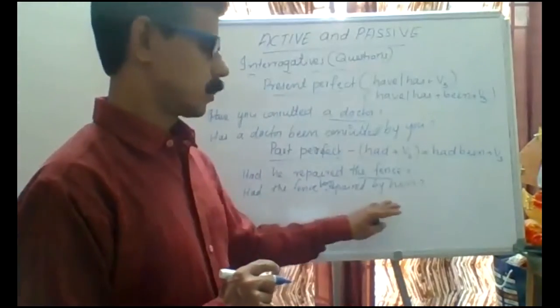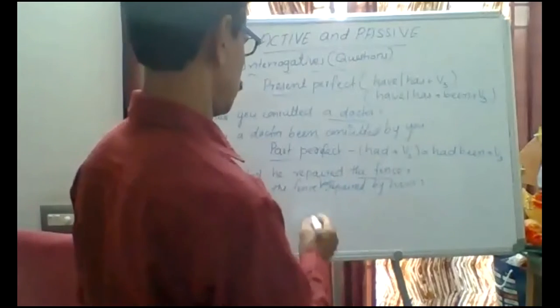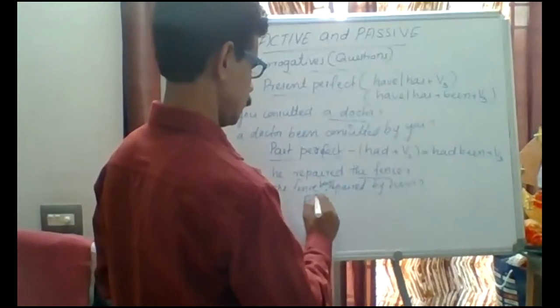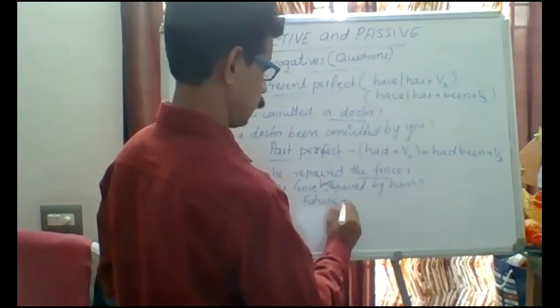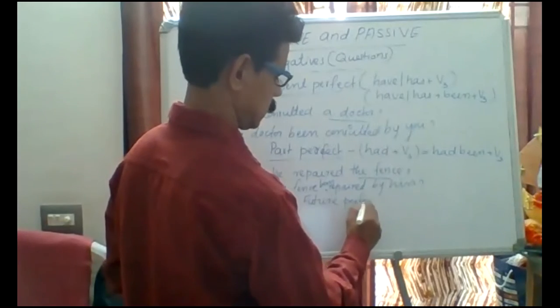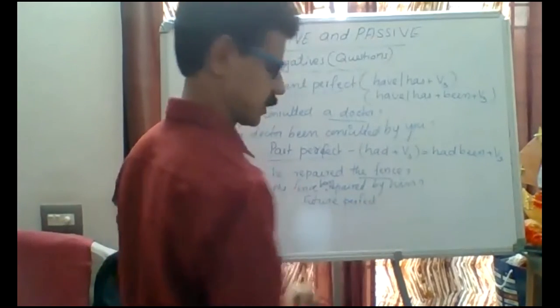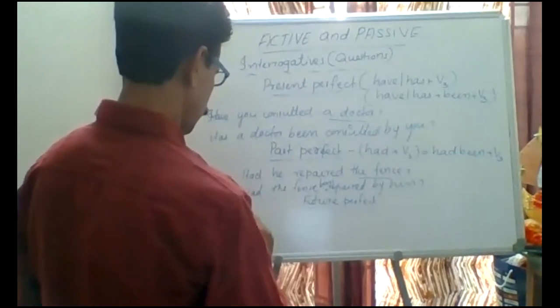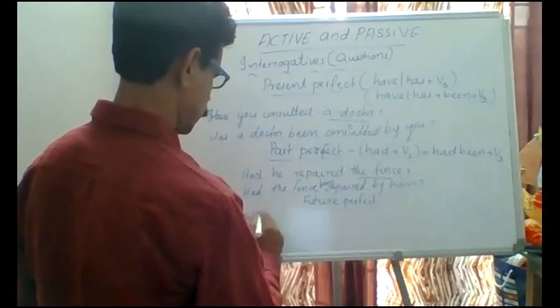Okay, you understood. In future, future perfect is the final one in interrogatives. Will and shall come at the beginning.